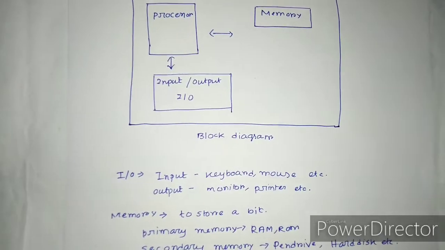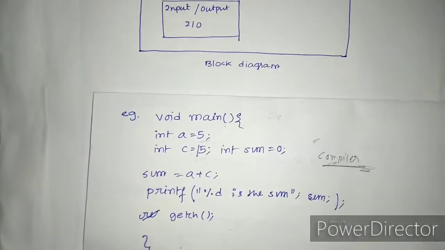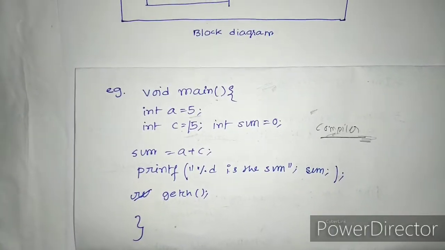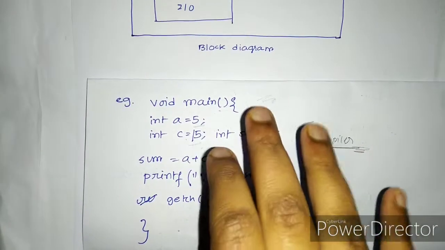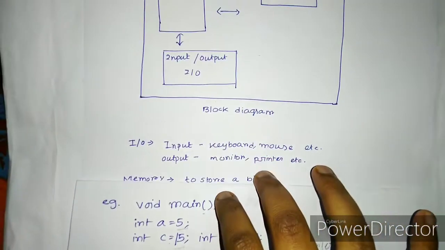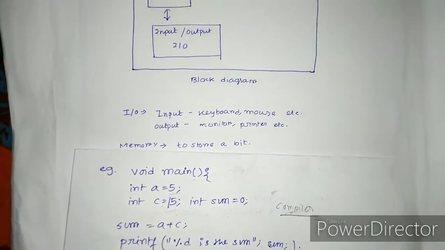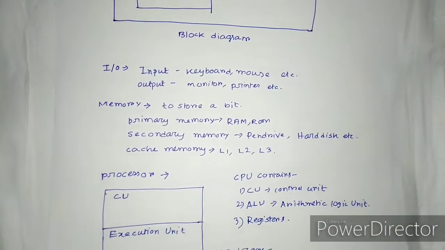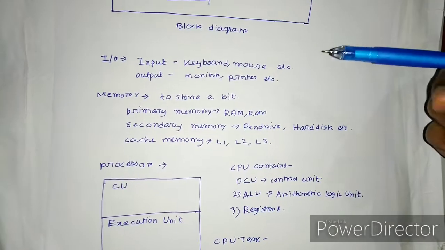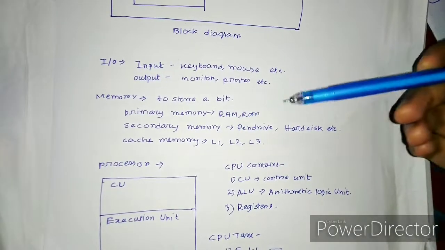Let us understand with a piece of code, right? Suppose this code. It's a basic C language code about addition of two numbers. We write this code in a compiler with the help of an input device like a keyboard. Then all these instructions and data will get stored in memory. A memory, we know that it is a storage unit. It stores bits. Memories are like primary memory, RAM and ROM, secondary memory, pen drive, hard disk, and cache memory, L1, L2 and L3.